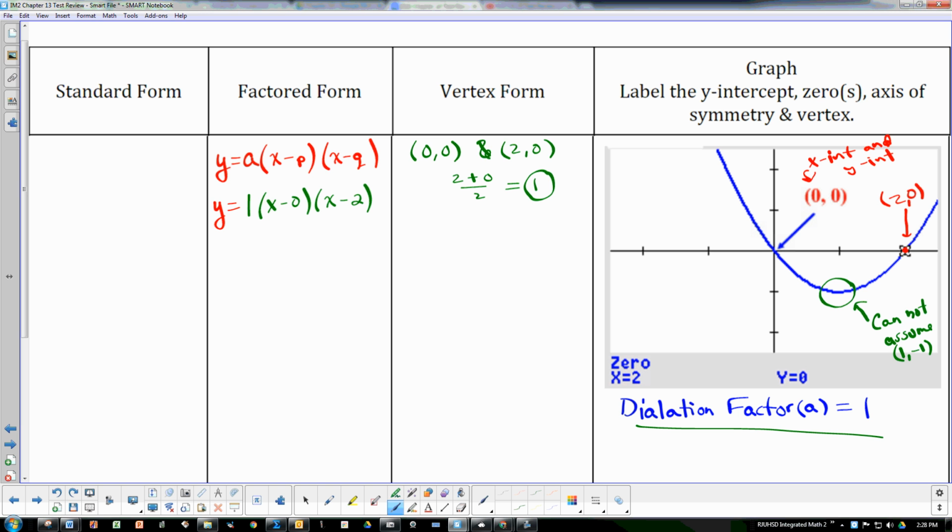So here's what it's going to look like. y is equal to, the a is going to be 1, so I can just get rid of that. 1 times, and let's plug that 1 back in. I want to make sure that you can see what I'm going to do here.